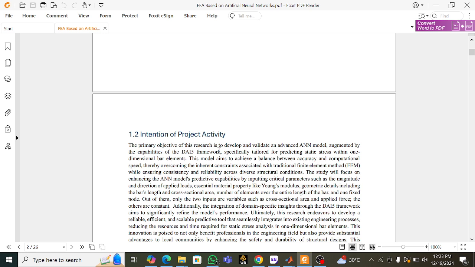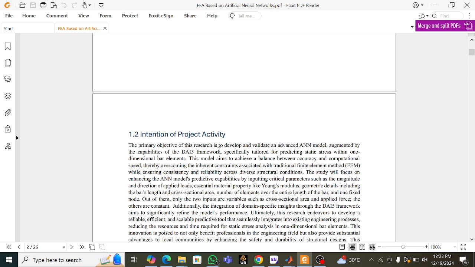When they buy something from the market, if it is designed or manufactured based on this study, it will be durable and require less maintenance and replacement.